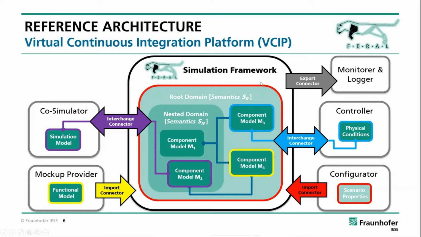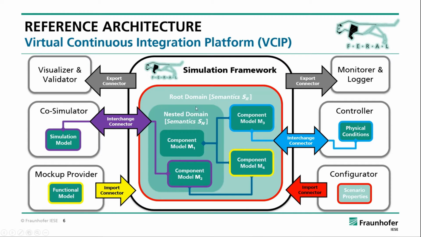Also, there's the possibility of logging and evaluating system properties. This means you have to assess the data flow in the system and compare it with your expectation in order to identify issues, violations and failures. That's possible with the monitoring and logging library, and there's also a possibility of visualizing aspects, because the tool framework is really flexible.